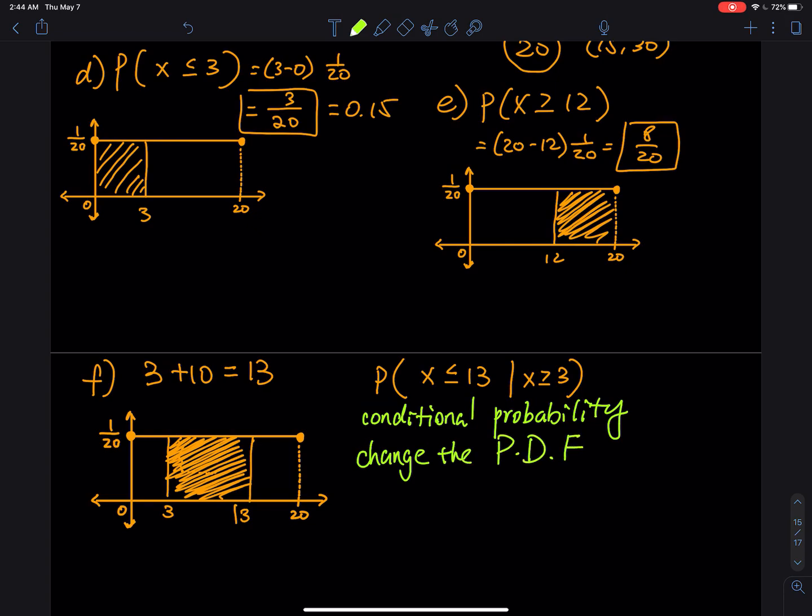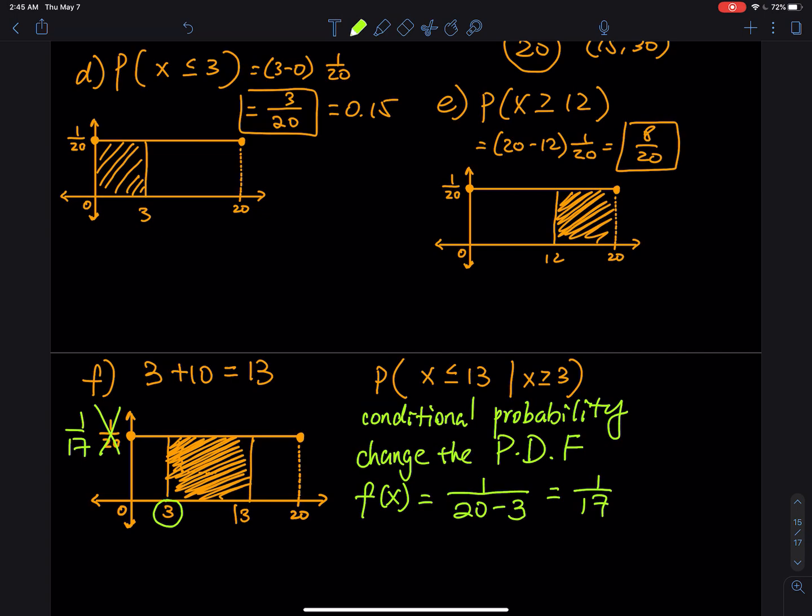Since the given is greater than or equal to 3, the PDF is now the maximum, which is the given maximum, minus the minimum. The minimum is no longer 0. The minimum is 3 now. So that is 1 over 17. If you have been waiting for 5 minutes, then that will be 20 minus 5. So here is the trick. This is no longer 1 over 20, this is 1 over 17 now.